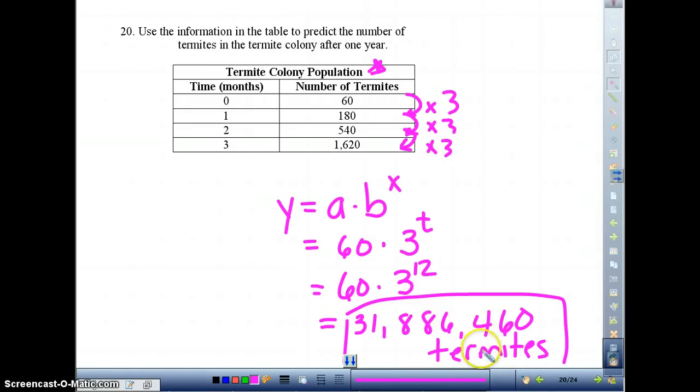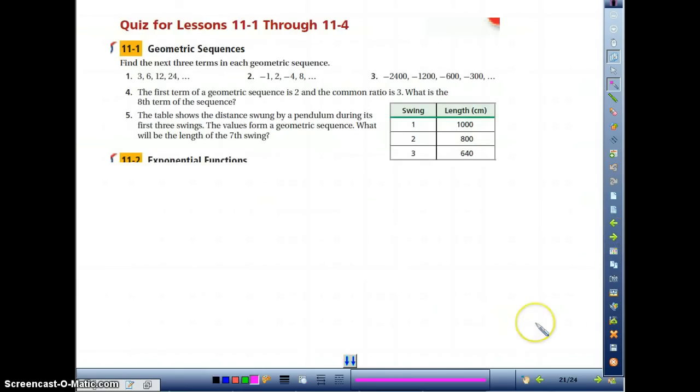All right, I've got a couple more problems here that's not on your review from lesson 11-1, geometric functions or geometric sequences. So let's cover that. With geometric sequencing, do you guys remember the formula? Take a look at your notes.